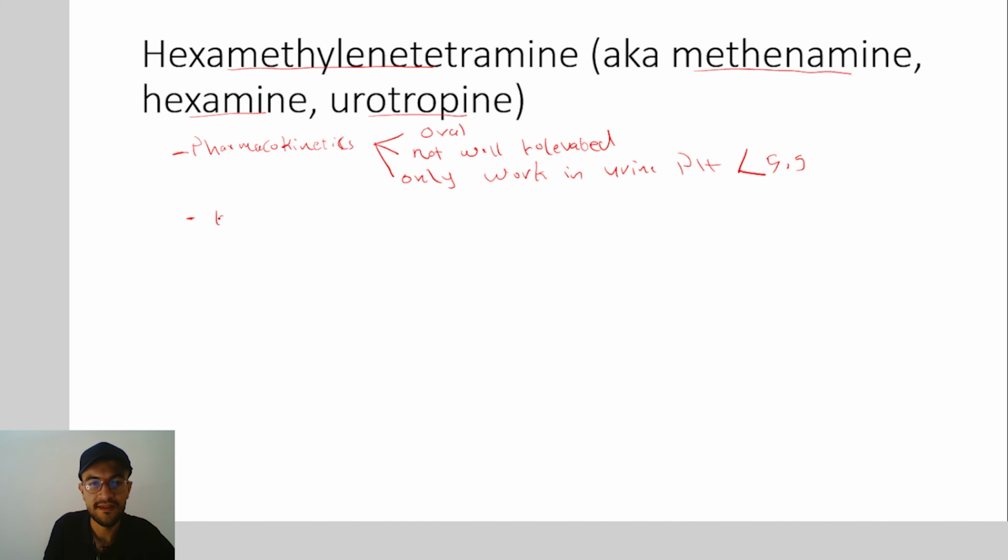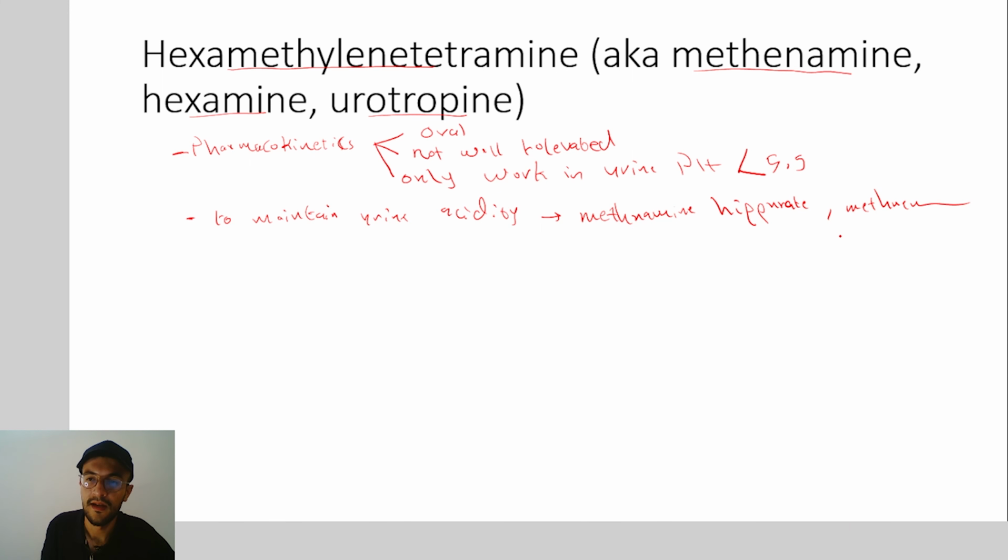To maintain urine acidity, methenamine is combined with weak acids like mandelic acid and hippuric acid. We get methenamine hippurate if we combine it with hippuric acid, or methenamine mandelate if we combine it with mandelic acid.